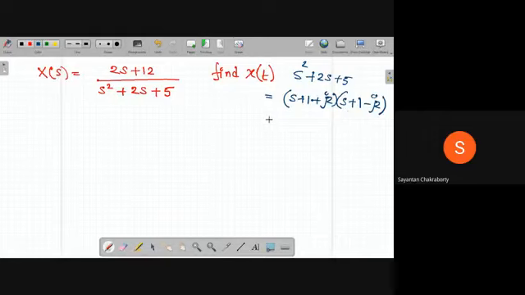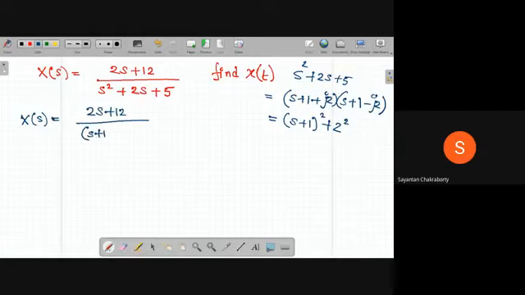What you do, you rather represent the denominator as (s plus 1) whole square plus 2 square. Then your X(s) will be (2s plus 12) divided by (s plus 1) whole square plus 2 square. Now this numerator can be represented as 10 plus 2 into (s plus 1), divided by (s plus 1) whole square plus 2 square.